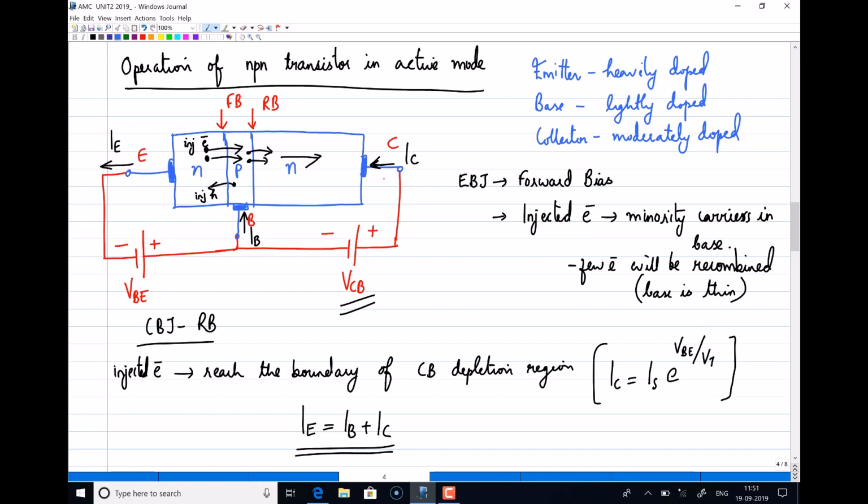That will attract the electrons, because electrons are attracted to positive polarity and the collector is connected to a very high positive polarity. So this will sweep the electrons from base to collector, crossing the barrier at the collector base junction. That will constitute the collector current. So as long as the collector base junction is reverse biased, only then will I get a positive potential here which can attract the electrons.